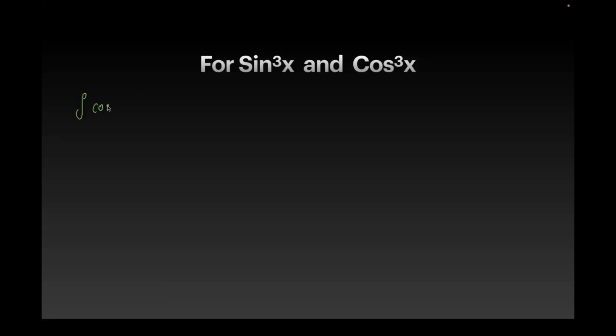Now let us take cos cube x this time and integrate it. I will use the cos 3x formula. What is cos 3x? 4 cos cube x minus 3 cos x. Now I will transpose it.